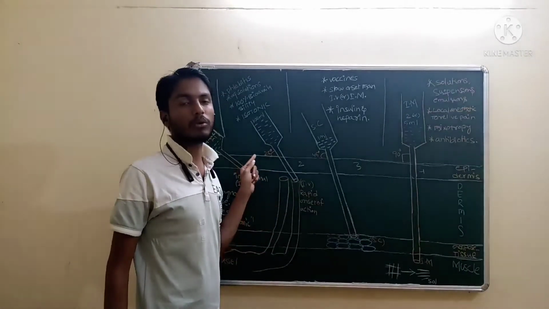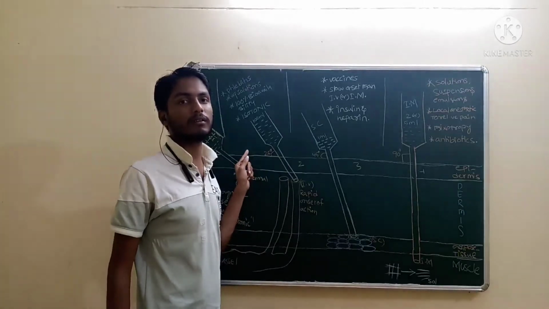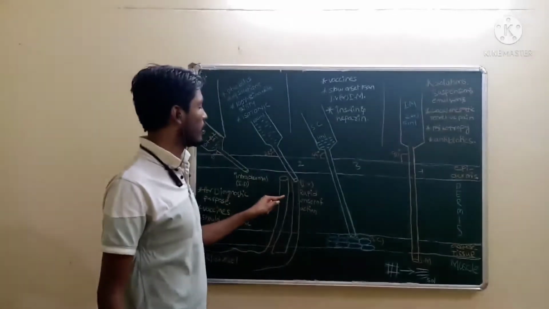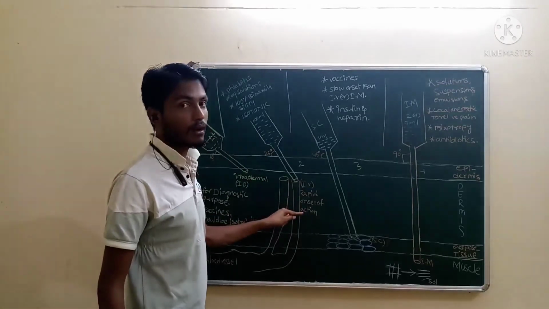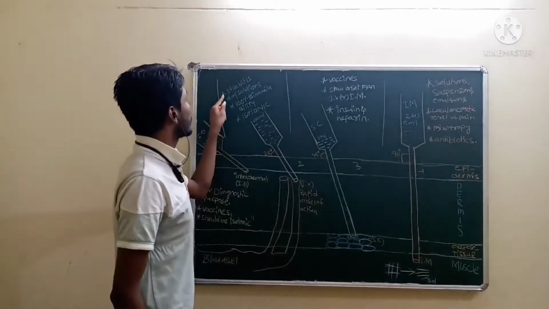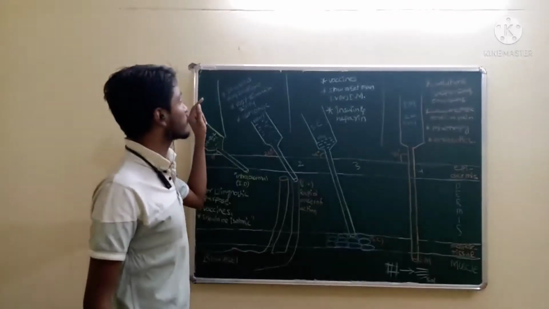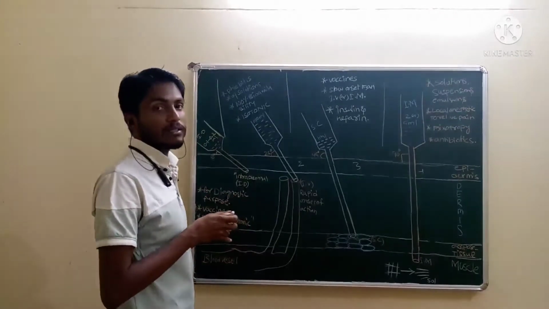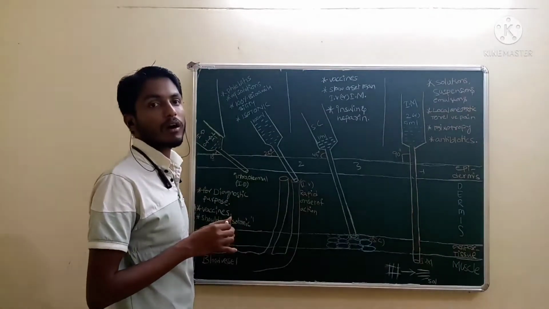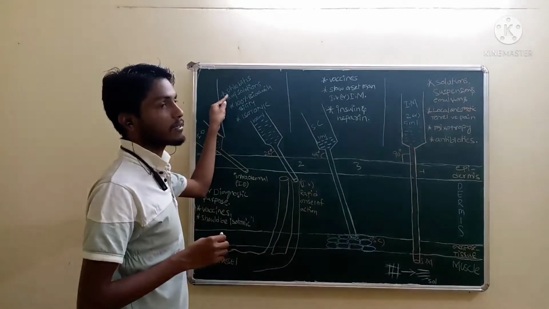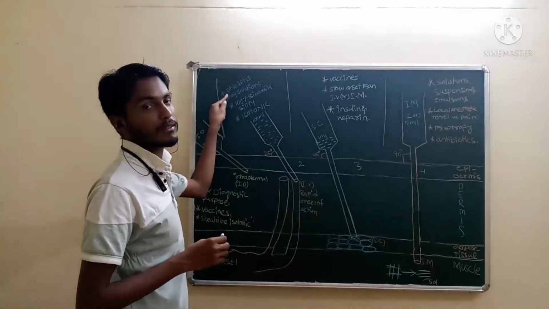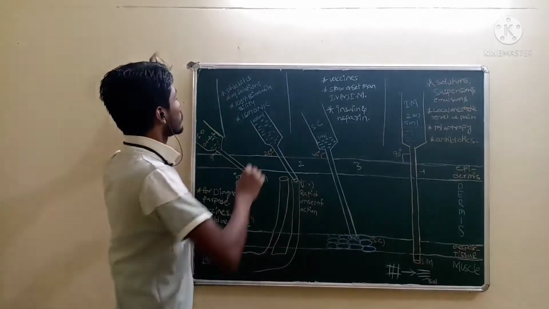See, IV bolus or IV infusions can be given through the IV route. It has rapid onset of action. Next, it causes phlebitis, meaning inflammation of the blood vessel due to the formation of a clot, which is nothing but a thrombus.